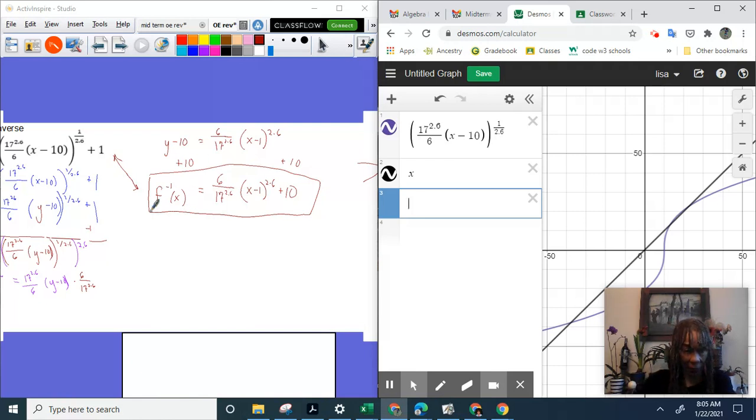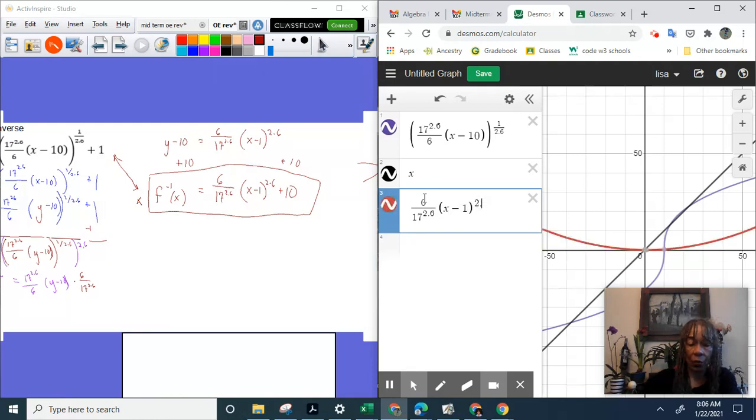And now I'll type in this thing. So, complicated function, 6 divided by 17. Raise that to the 2.6 power, over arrow, open parentheses, x minus 1, close parentheses, to the 2.6 power, over arrow.